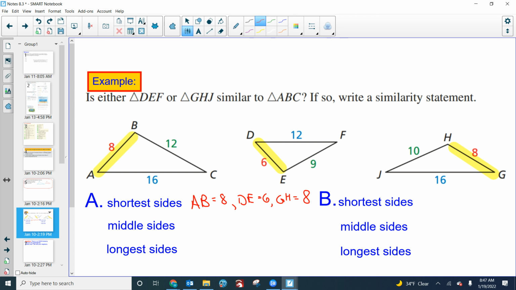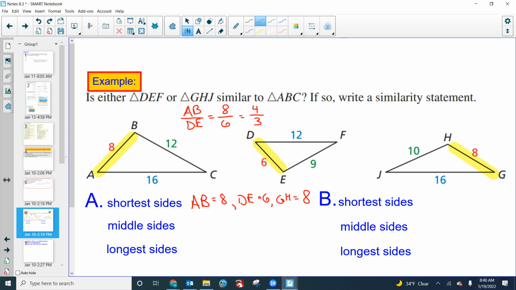What's the ratio from AB to DE? AB to DE. That ratio is 8/6, which reduces into 4/3. This is not the scale factor.